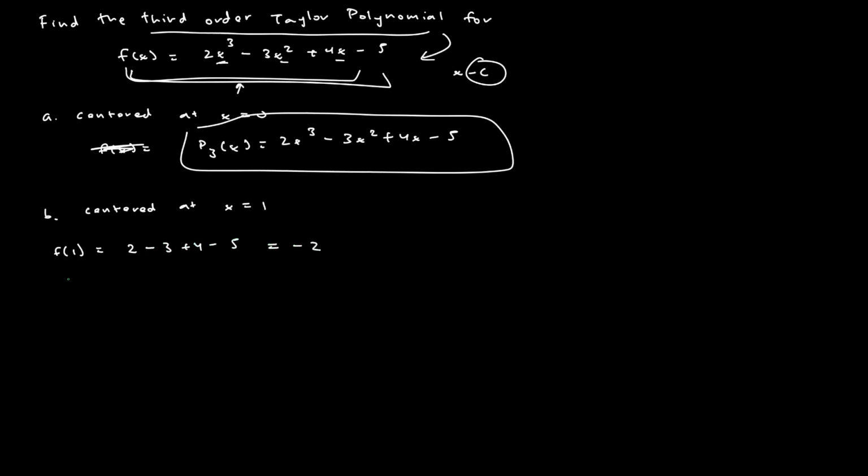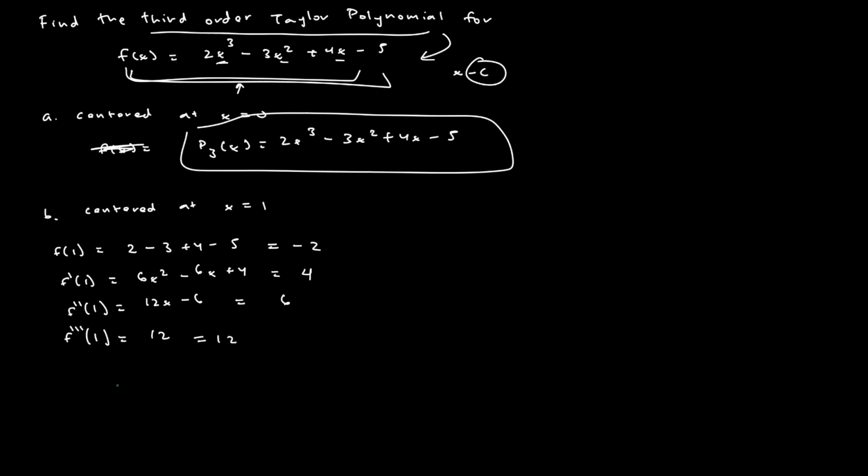F prime of 1 is equal to 6x squared minus 6x plus 4, and at 1, this is 6 minus 6 plus 4, which is 4. F double prime of 1 is equal to 12x minus 6, and that's simply equal to 6. And our last one, f triple prime of 1, is equal to 12.